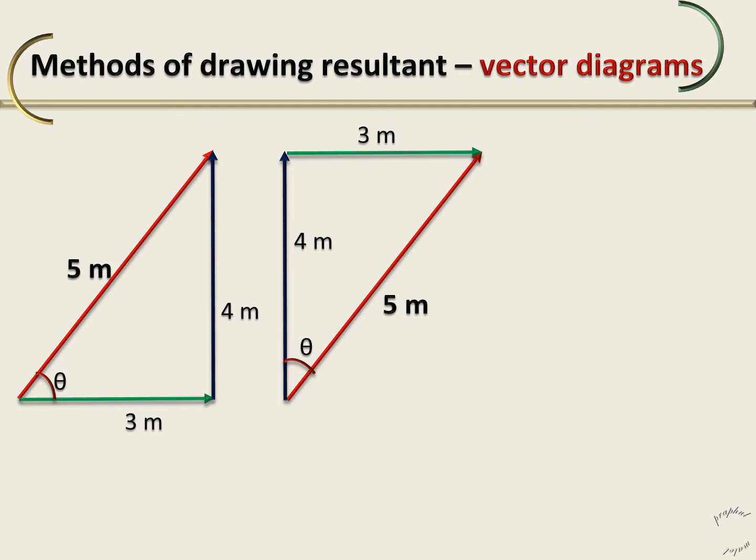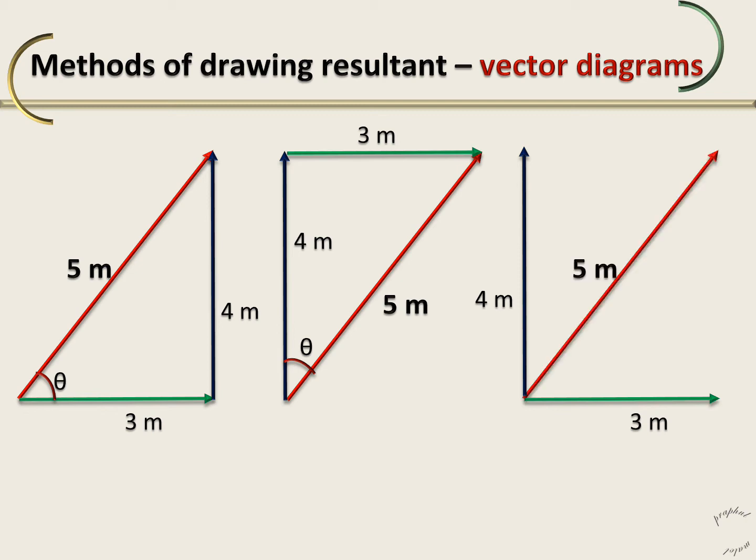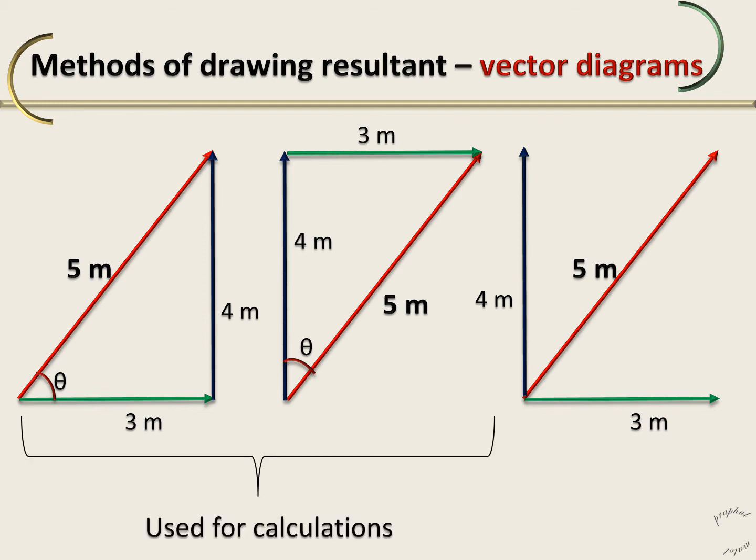There's a third way of representing the vectors like this, not continuous. In this case, the resultant should be drawn in the middle, just like that. The problem with this method is you cannot use it directly for calculations, but this is also a method of representing all the vectors together. The first two methods we use for calculation, but the last method we also use to represent the vectors.